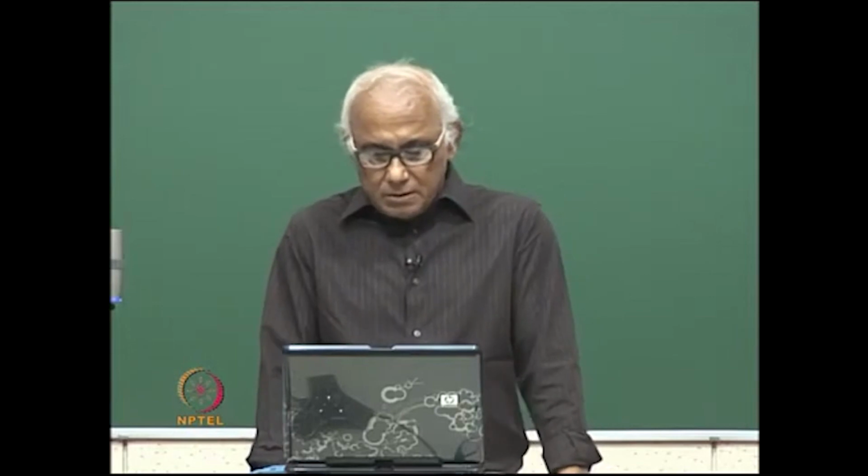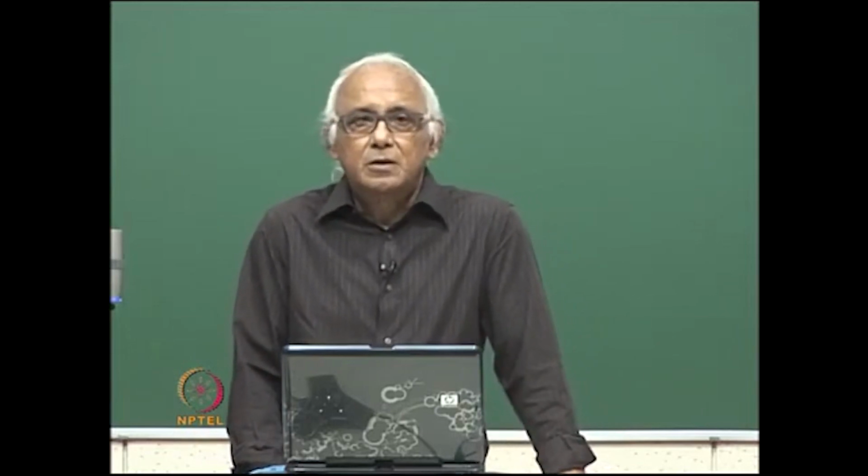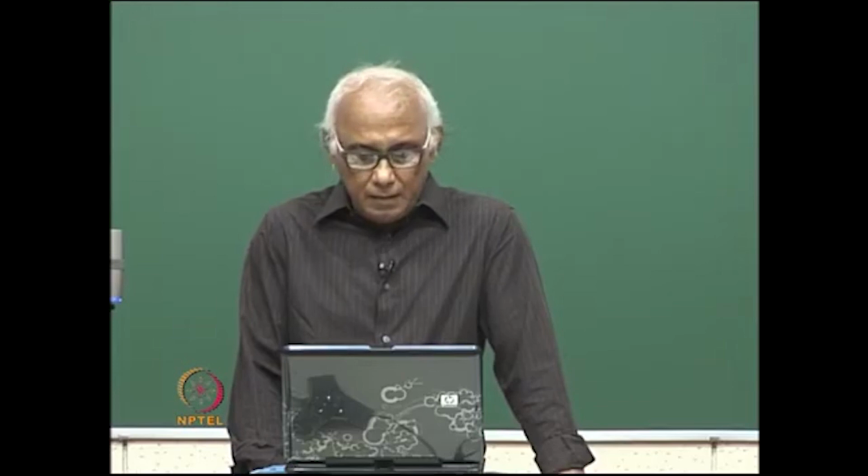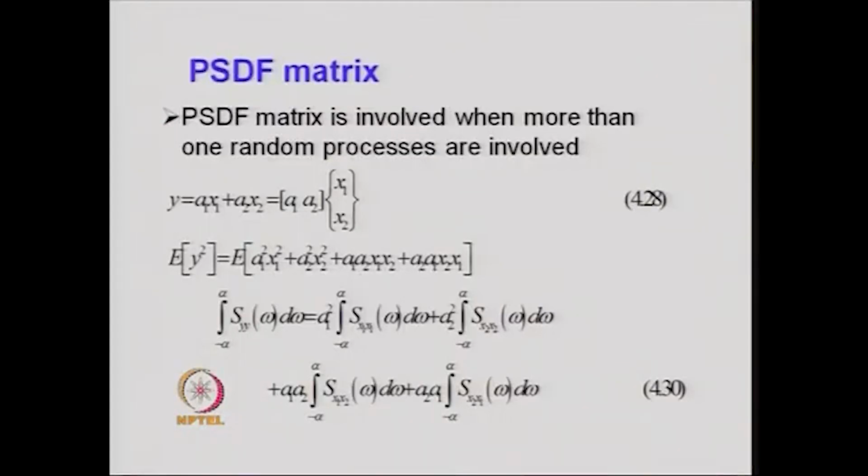Then we looked at the autocorrelation function, cross correlation function, then the Fourier transform relationship that exists between the power spectral density function and the autocorrelation function, that is, they form the Fourier transform pair, that was discussed.